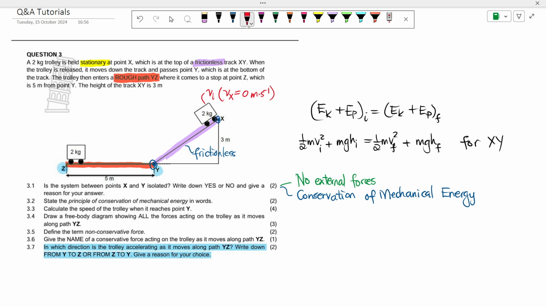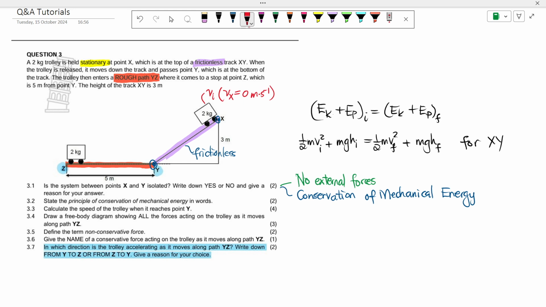Y to Z is not going to be the same, because nobody will have the VF for Y. Work net equals the change in EK.